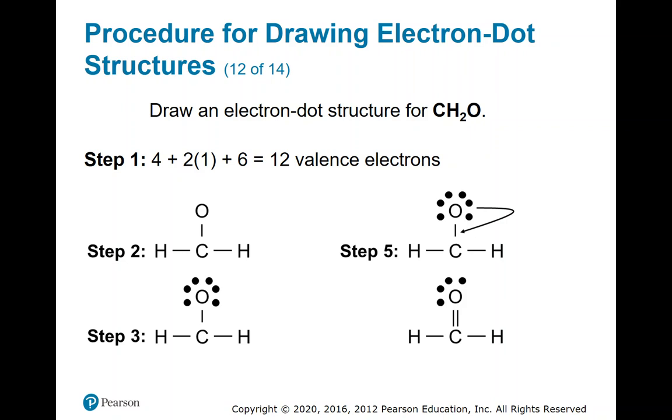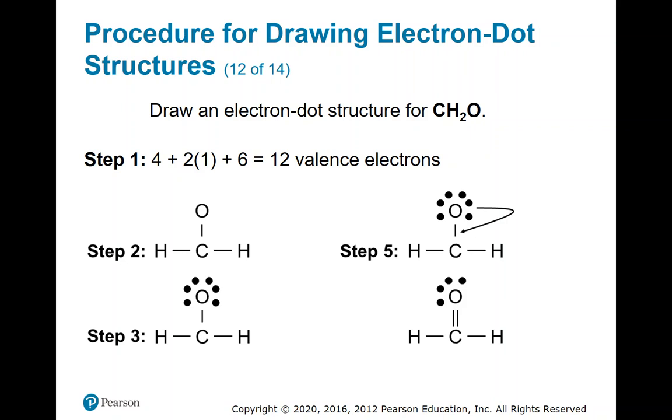Remember, the number of parallel lines that you see between 2 atoms in a molecule corresponds to how many bonds there are between them. So in step 5, we go from a situation where we have a carbon-oxygen single bond and 3 lone pairs around oxygen to now 2 lone pairs on your oxygen and a double bond between carbon and oxygen.